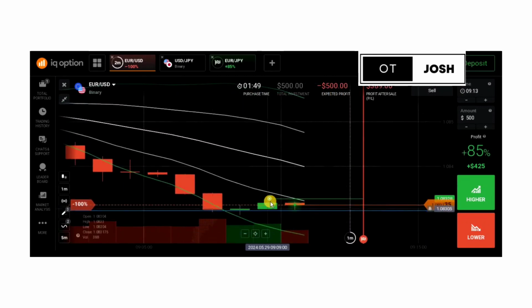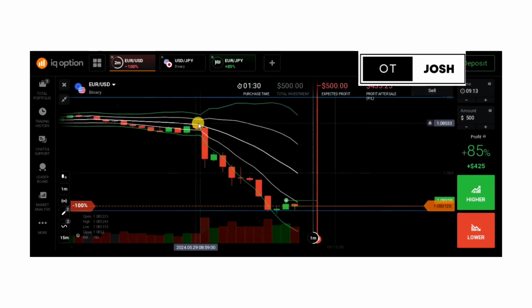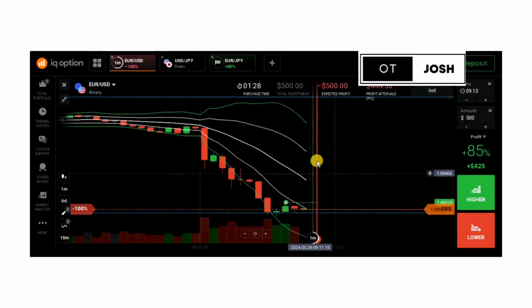So we have a validation. One, we have this Bollinger Band going down, but price is going inside. Two, we have the round number to support our price from falling down. Three, we have a long trend that needs to retrace.